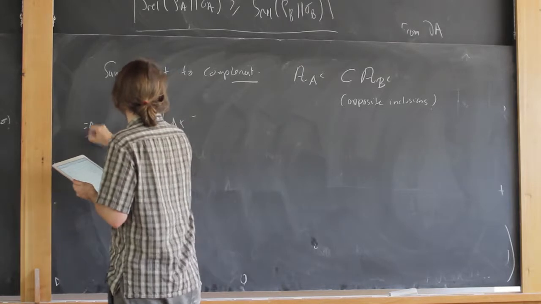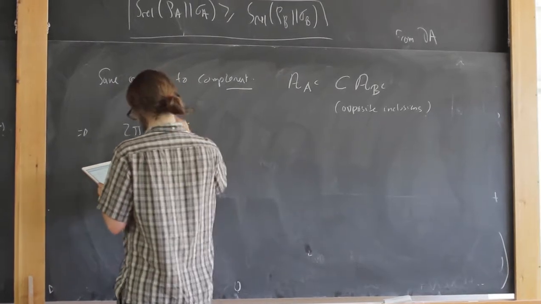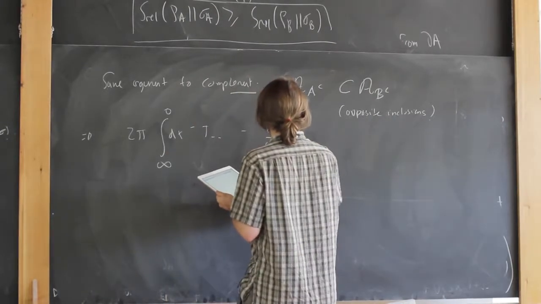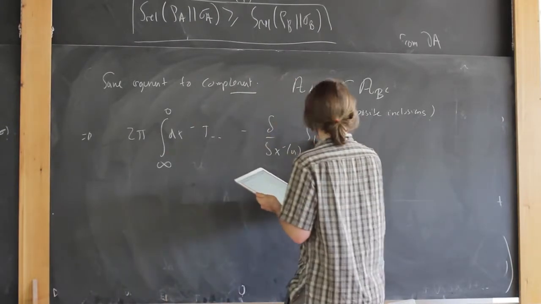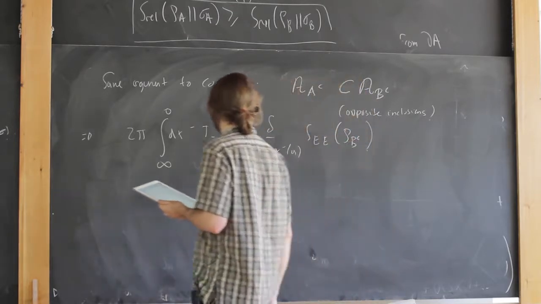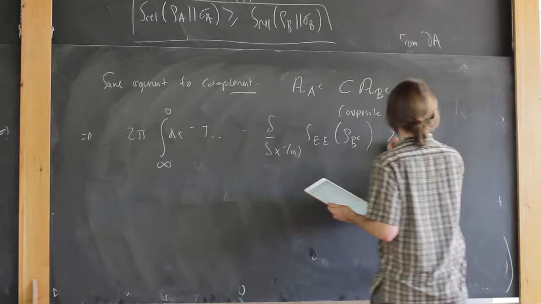That gives rise to the following inequality, which is this minus the functional derivative of the entanglement entropy for the complement region. This should be positive.